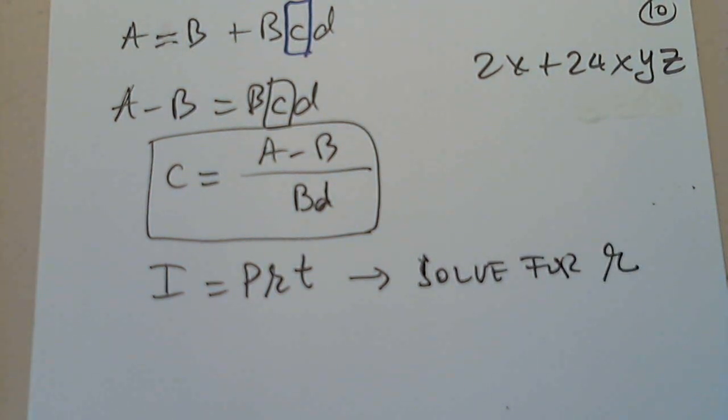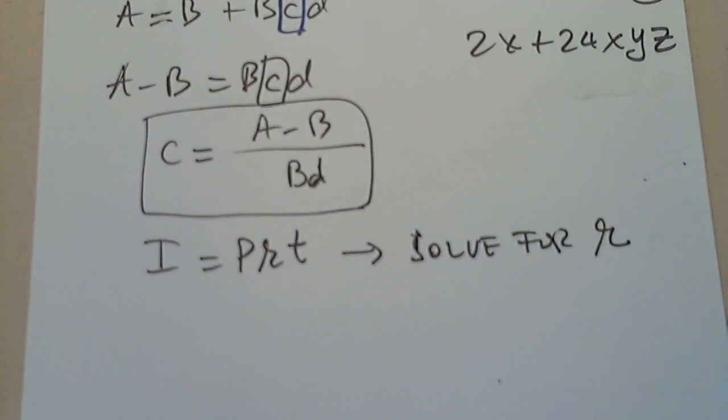Lowercase r. These are also different problems, and we need to practice. Nobody was born knowing these things. We all practiced. So, how will I solve for r? What should we do?